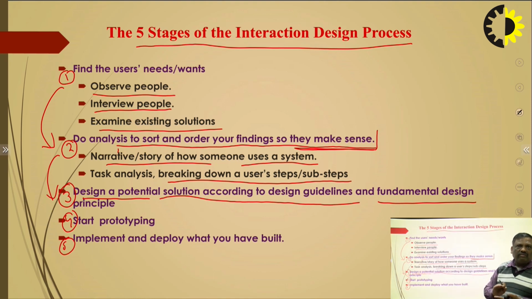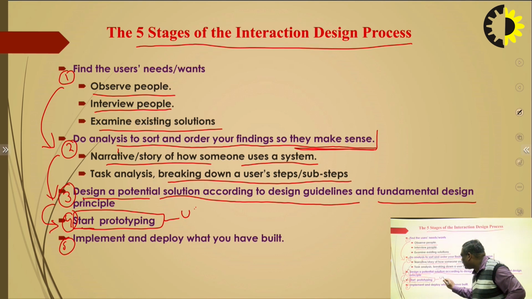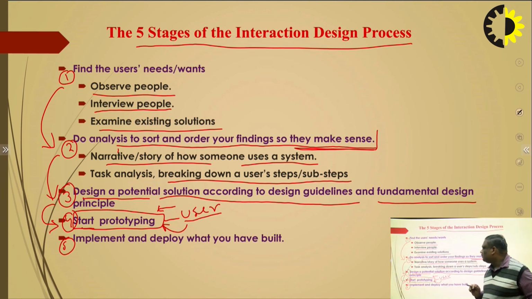After finalizing a design, a prototype is created. This starts the prototyping. This prototype model is evaluated by the user. If the user is not satisfied with this prototype, update it again. This is a looping process.